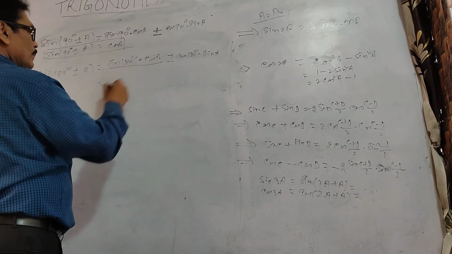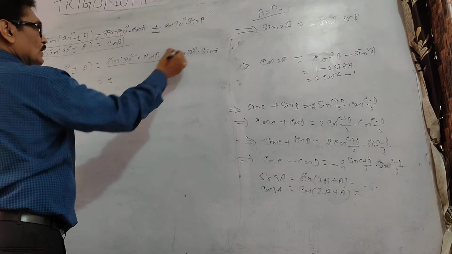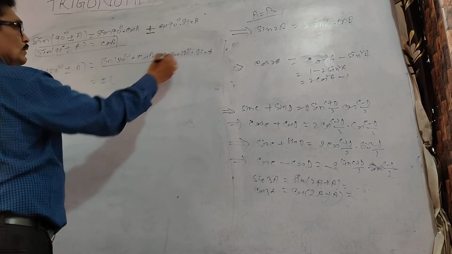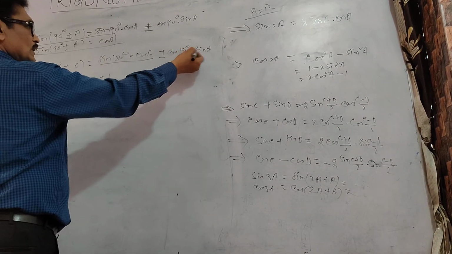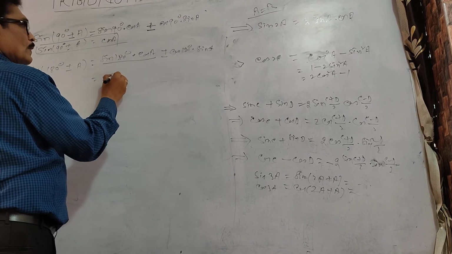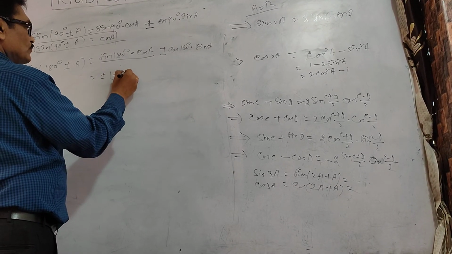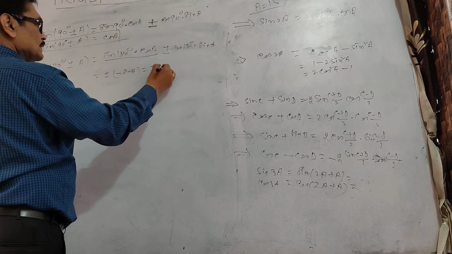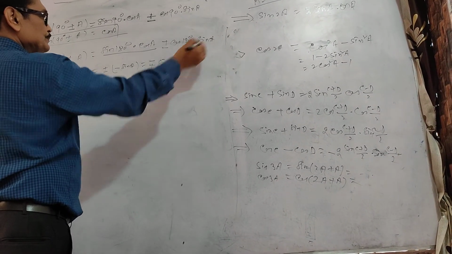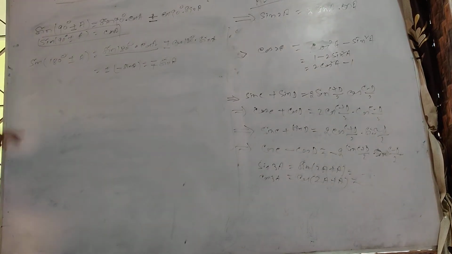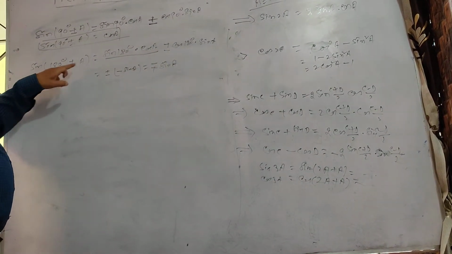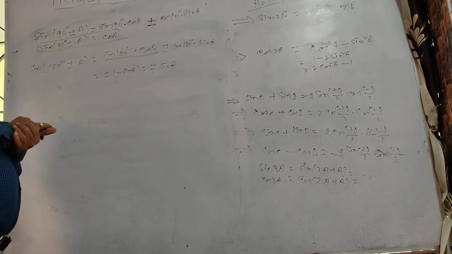We can write plus minus cos 180 degree. Cos 180 degree is equal to minus 1, so this is minus plus sin A. So sin(180 degree plus A) is minus sin A, and sin(180 degree minus A) is plus sin A.